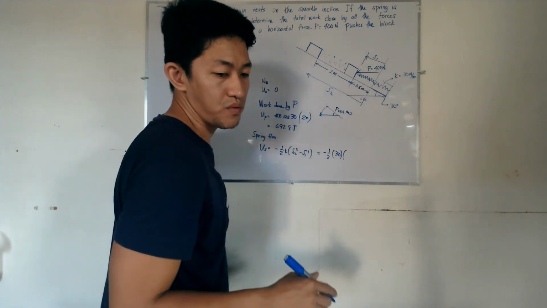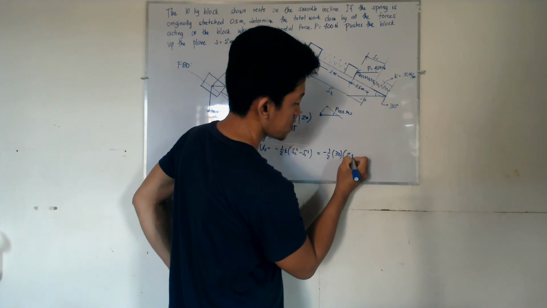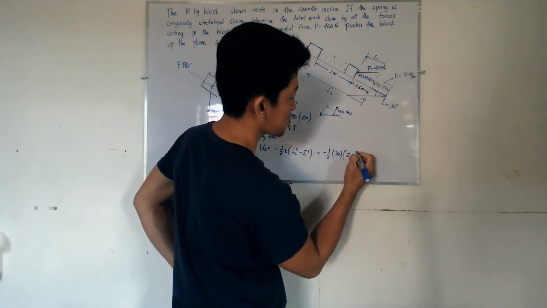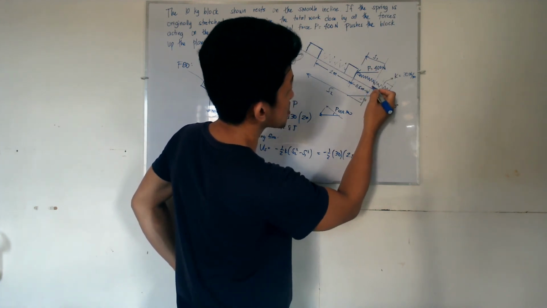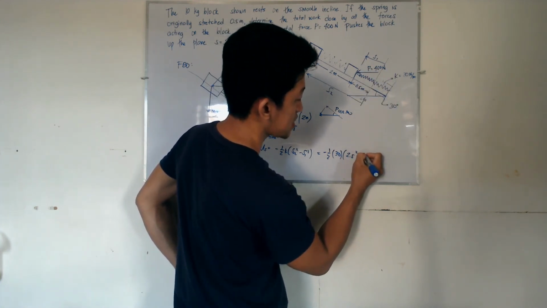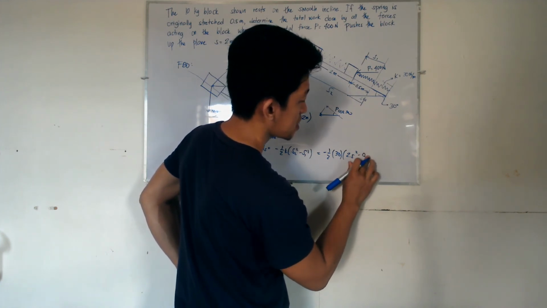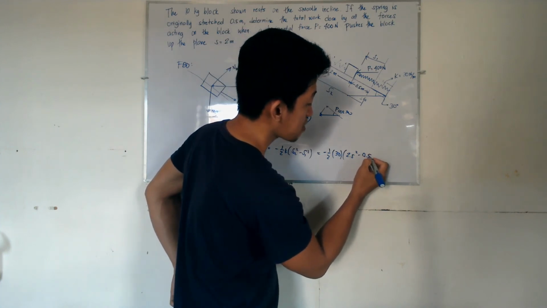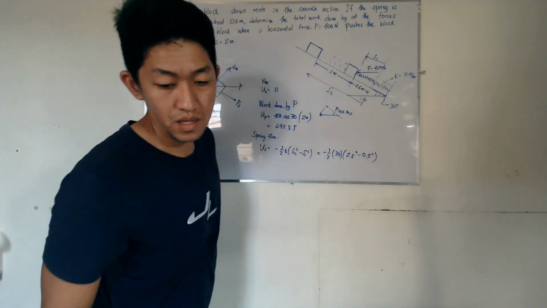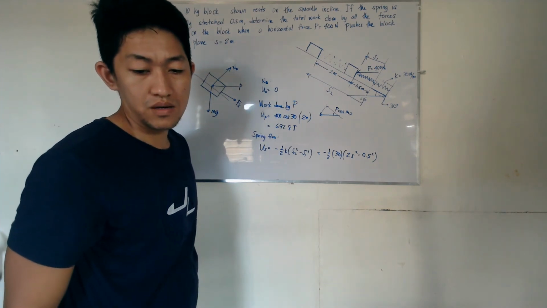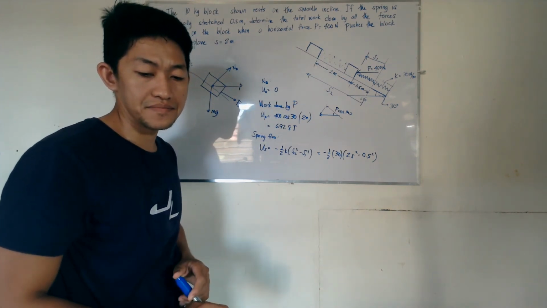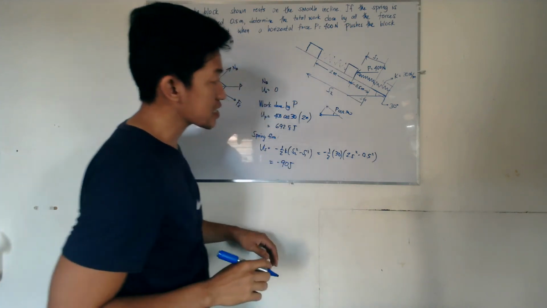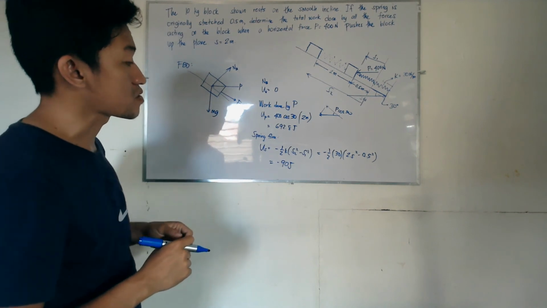Your S sub 2 is 2.5, from your original length to the final. 2.5 squared minus S sub 1, which is the initial. If it was not stretched beforehand, it would be 0, but since there is 0.5, then 0.5 squared. So the answer would be negative 90 joule. Again, it is negative since the direction is opposite.